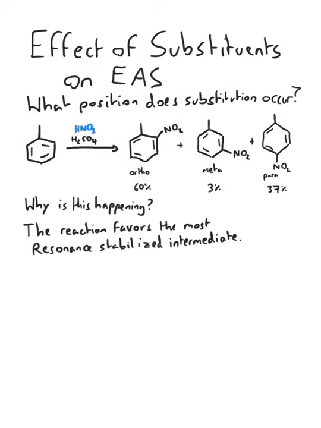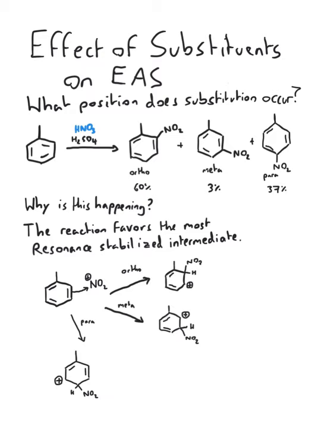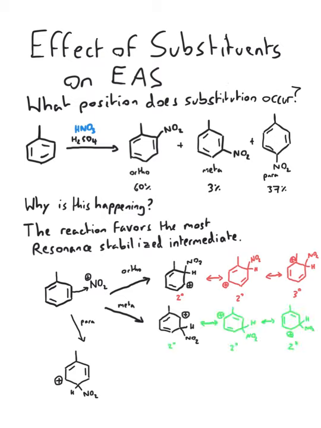Well, the reaction favors the most resonance stabilized intermediates. If we draw the arenium ion intermediate that would result upon the addition of the nitronium ion at the ortho, meta, and para position, and then draw the resonance structures of these arenium ions, we will notice that at the ortho position and the para position, we are able to put the positive charge on the substituted position, i.e. we get a tertiary carbocation.